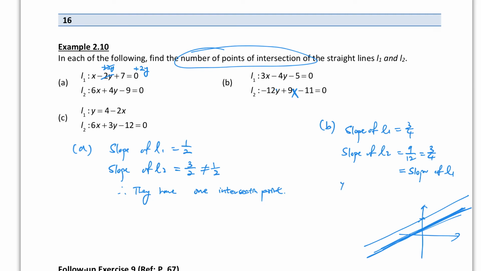So find the y-intercept of L1, which is equal to negative 5 over 4. And then the y-intercept of L2 is equal to negative 11 over 12. They are not equal. So they do not have any intersection point.